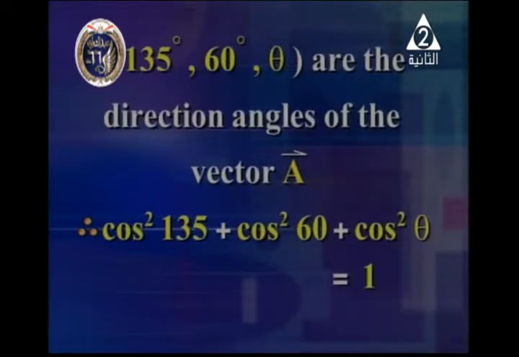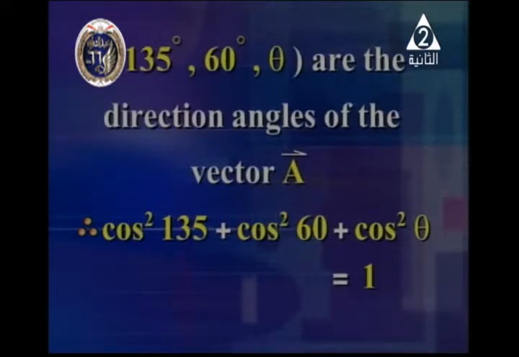Excellent student, equals 1. Why? Because A over norm A is a unit vector. What do you mean by a unit vector? Its value equals 1.